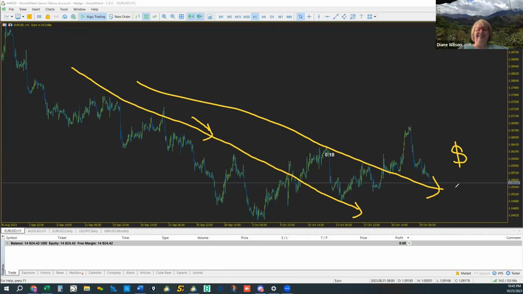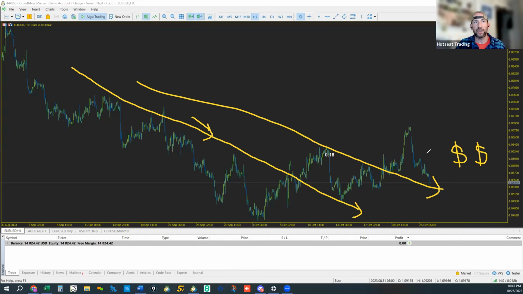That is the goal, to come out green, because Diane was confident in her analysis and Pete was confident and everyone else in this room was confident because they've learned what market structure is, how to analyze it for themselves, how to identify it, and then how to implement their strategy to earn this.